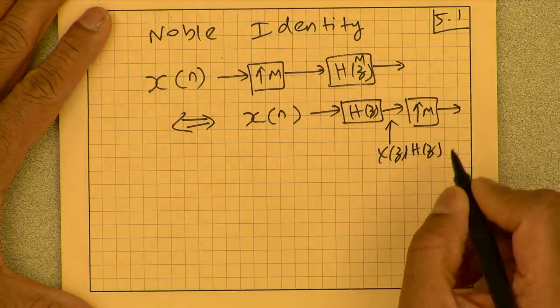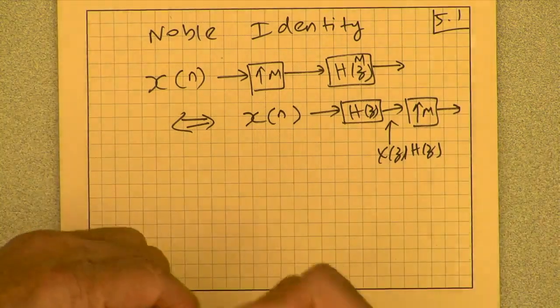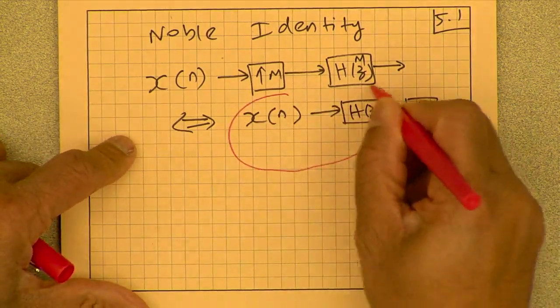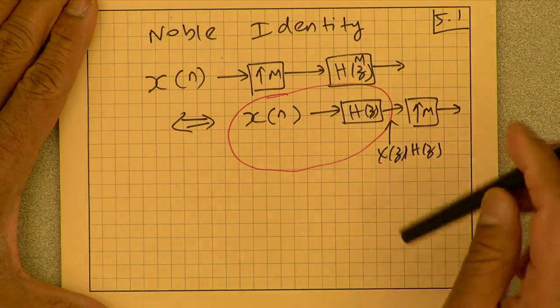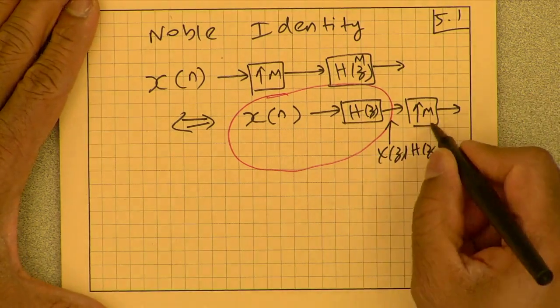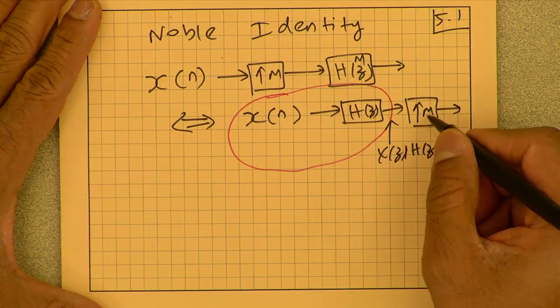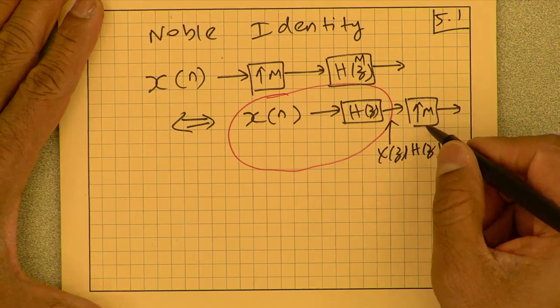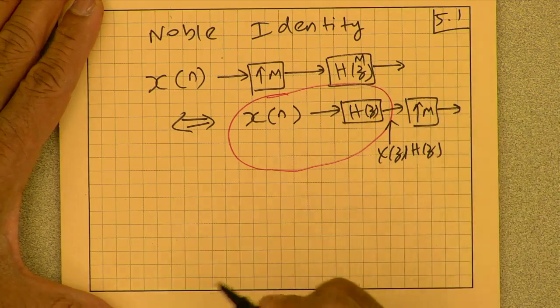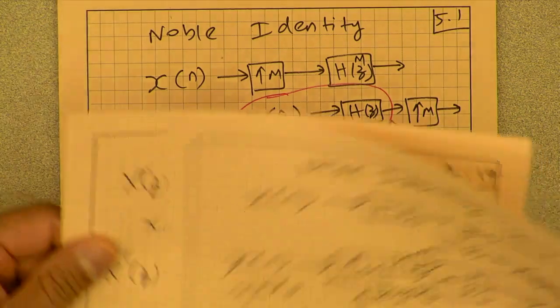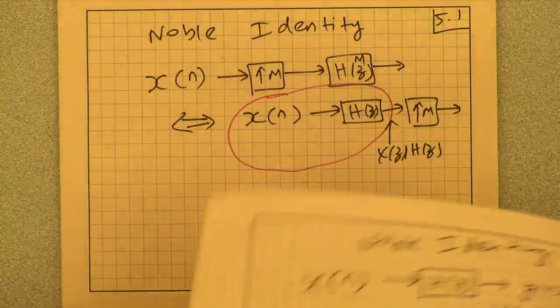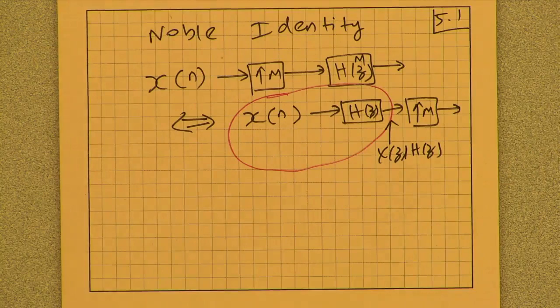What it says is that if this is our desired computation, then expanding by a factor of M means that we are interleaving M minus 1 zeros. That's what I talked about briefly last time.